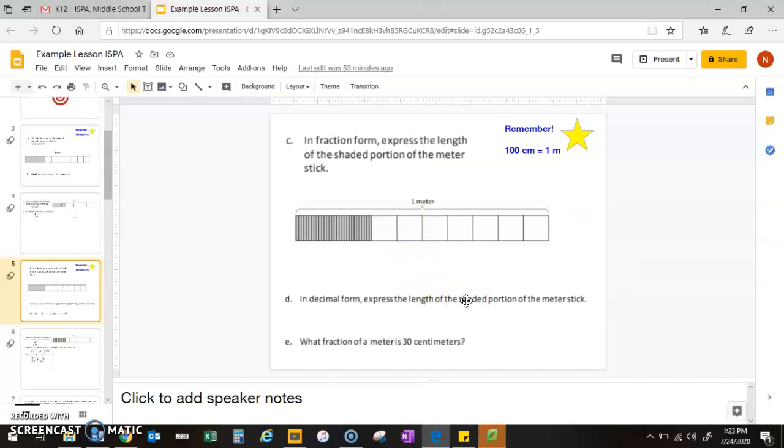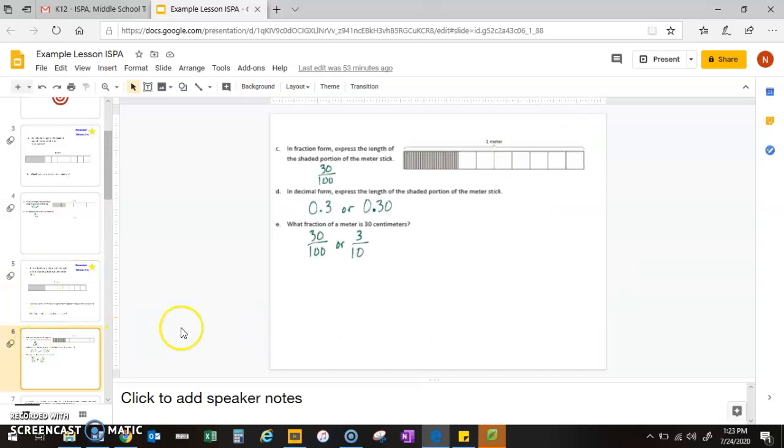So then in decimal form, express the length of the shaded portion. Well, we already have learned about decimals at this point, so I would be showing them what it looks like. We said 30 hundredths.